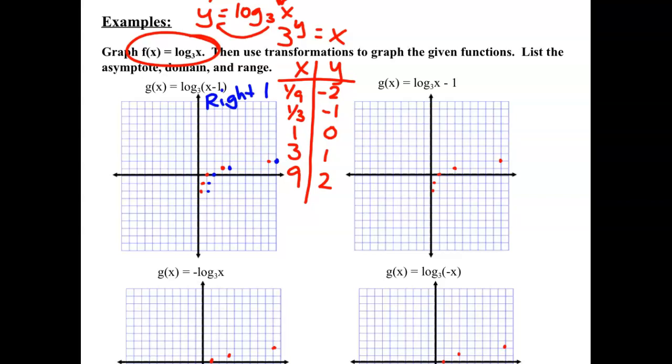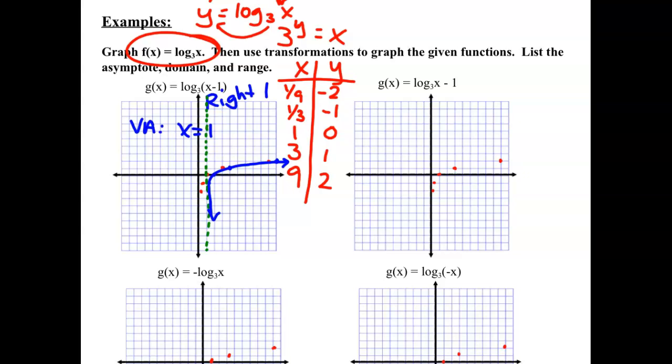When we look at vertical asymptotes, they're going to move anytime there's a left and right shift. So we are going to have a vertical asymptote that shifted right 1. So our graph should be coming up along that line and curving over to the right. So what's the equation for the asymptote? X equals 1.